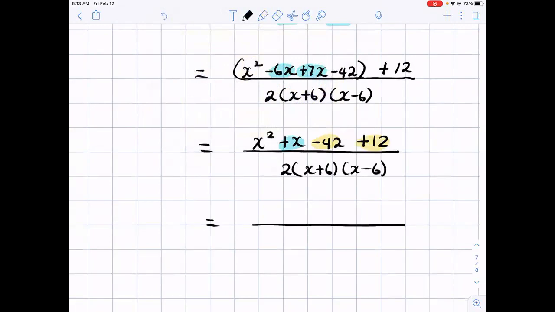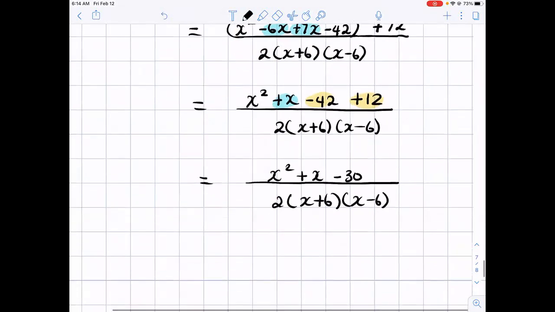So if I combine those, we have x squared plus x. And if you combine the minus 42 and the plus 12, we have minus 30 over 2 parentheses x plus 6 times x minus 6.